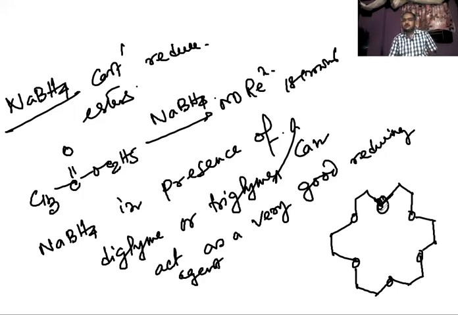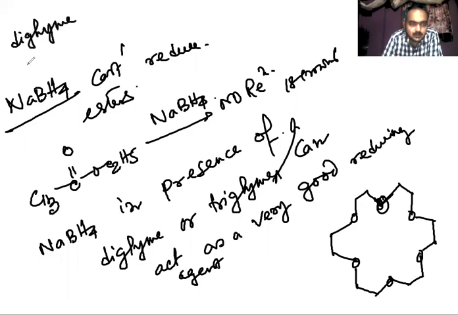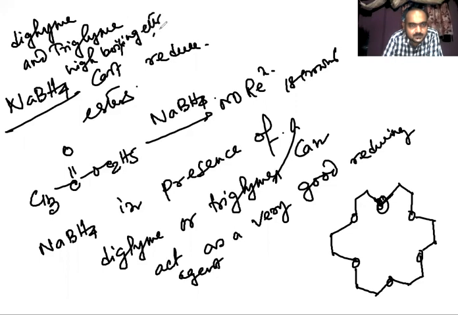So in presence of some crown ethers, diglyme or triglyme, which are actually high boiling ethers, NaBH4 acts as a reducing agent. So this is the property of NaBH4. We'll see the rest of the chapter in three separate parts.